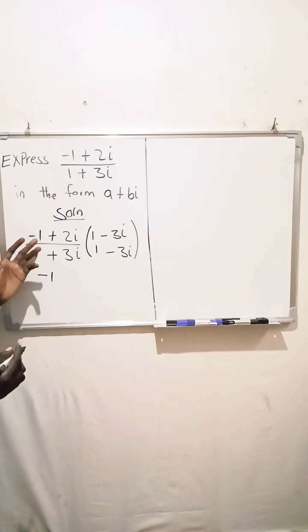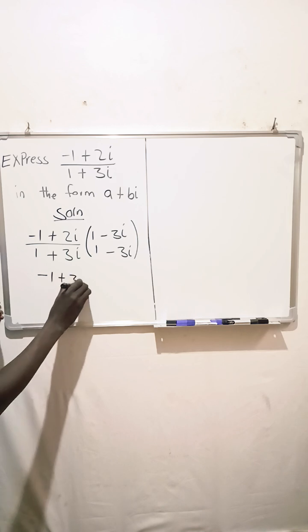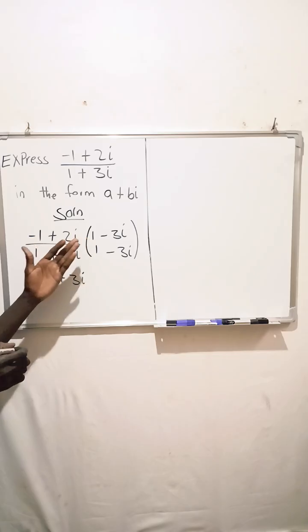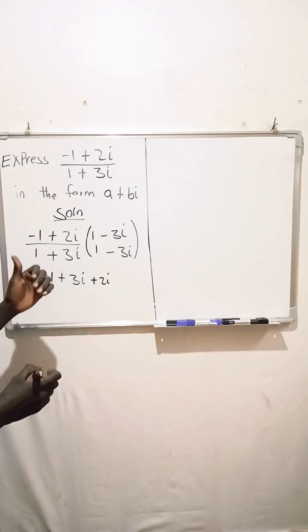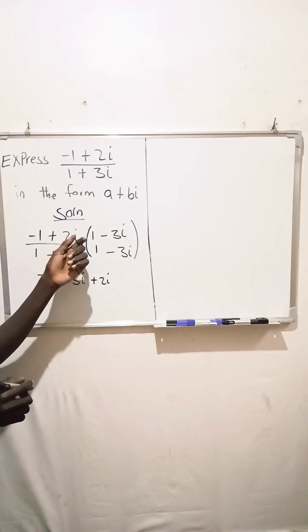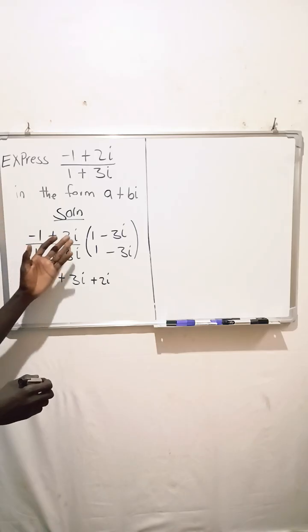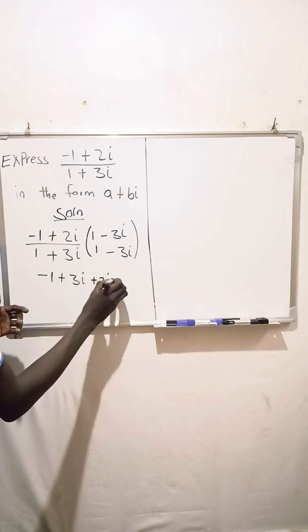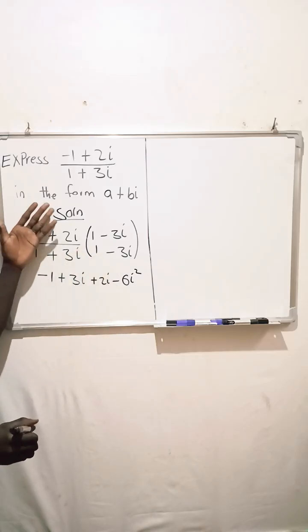Minus 1 multiplied by minus 3i gives plus 3i. 2i multiplied by 1 gives plus 2i. 2i multiplied by minus 3i gives minus 6i squared.